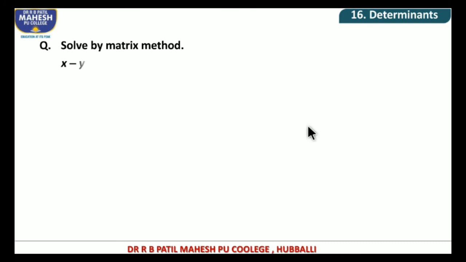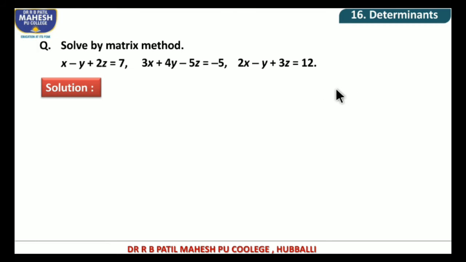Solve by matrix method. X minus y plus 2z is equal to 7, 3x plus 4y minus 5z is equal to minus 5, 2x minus y plus 3z is equal to 12. To find out the solution of this one, first we have to write down the system of equations in matrix form.